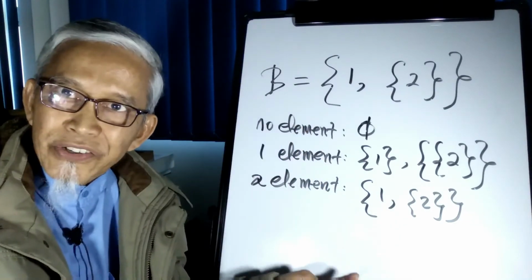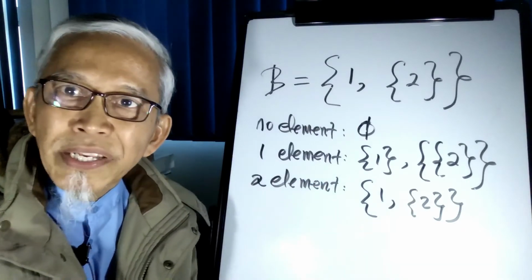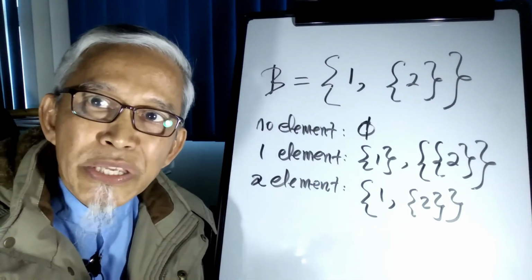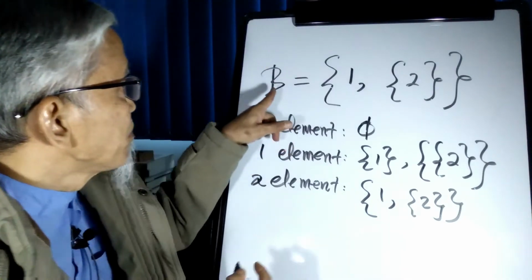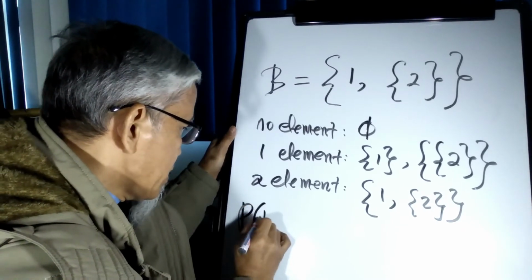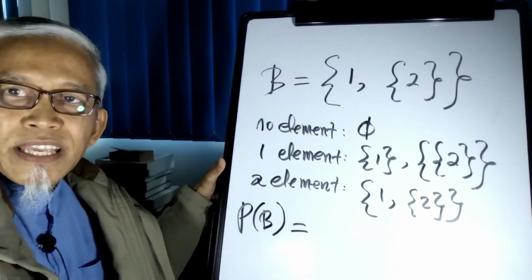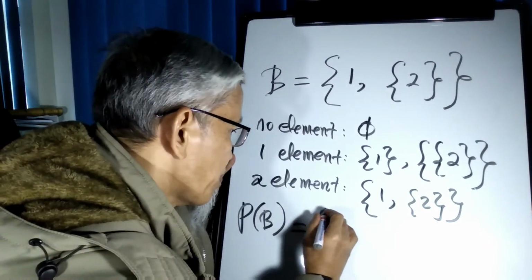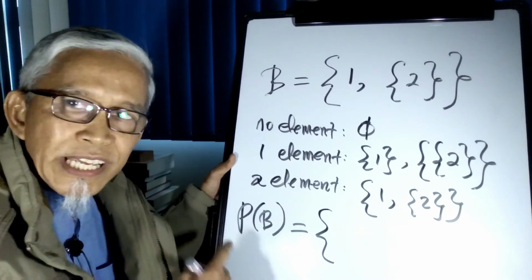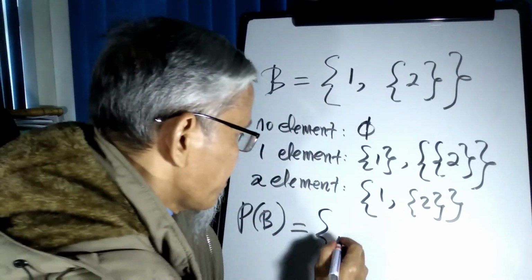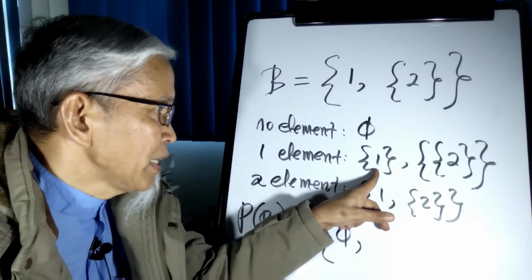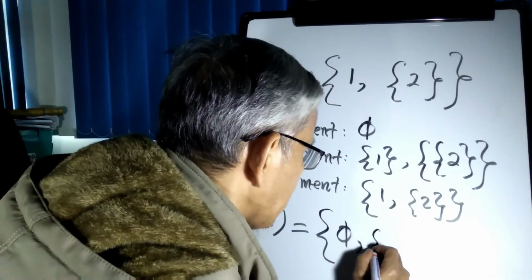Now, we want to write down all the subsets in one set that we call the power set. Remember the symbol that we use? P of A. But in this case, the set is B. So P of B. The power set of B is equal to, open bracket. This open bracket is the open bracket for the power set. Empty set. Then the subsets with one element, one here and the other one there. So we write it down like this.